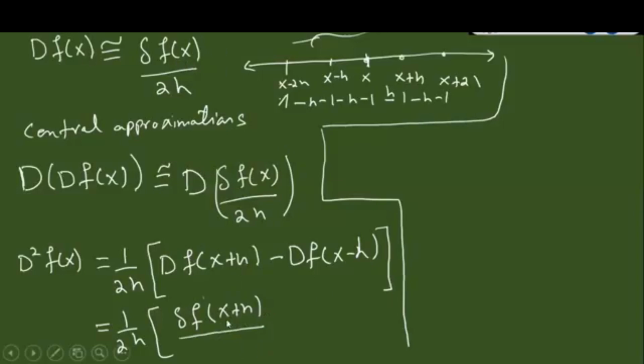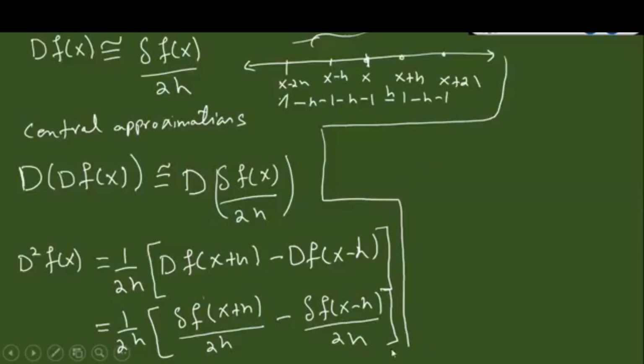It is x plus h, so I am applying at x plus h, del x plus h, and still we have to divide it by 2h. Minus, similarly, if I ask you what we have to do, you will say del applied to x minus h and divided by 2h. So these are the steps.